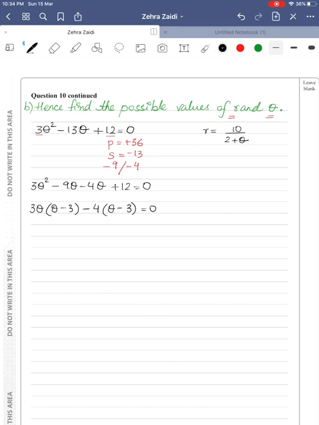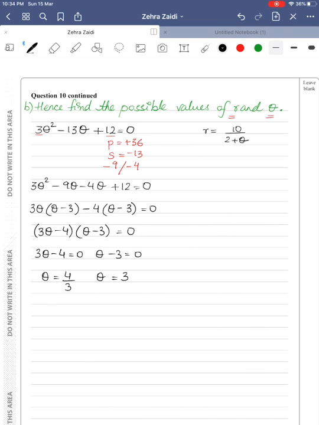So we have 3 theta minus 4 into theta minus 3 is equal to 0. Therefore 3 theta minus 4 is equal to 0, or theta minus 3 is equal to 0. Therefore theta is equal to 4 divided by 3, or theta is equal to 3. So we have got two values of theta here. Now for each value of theta we can find the corresponding value of r.